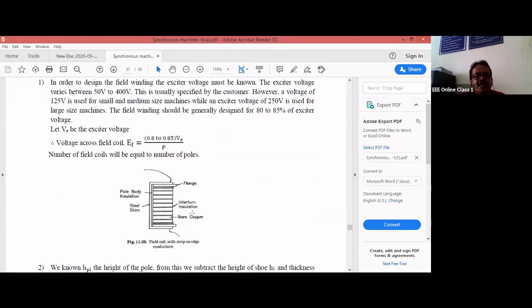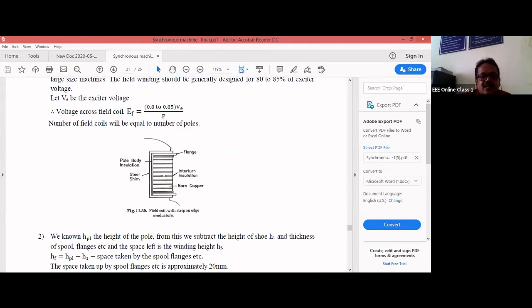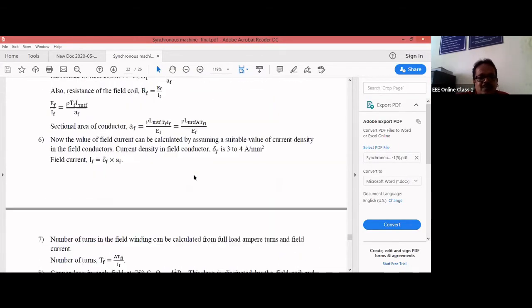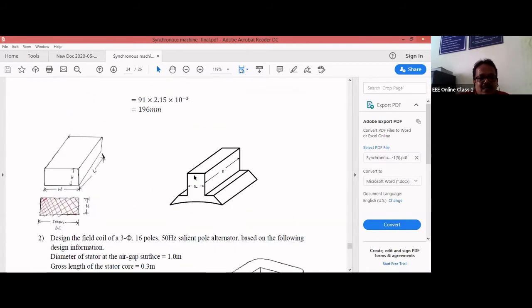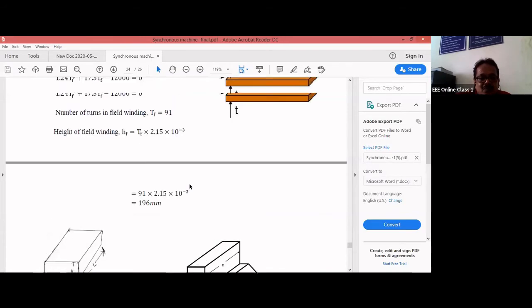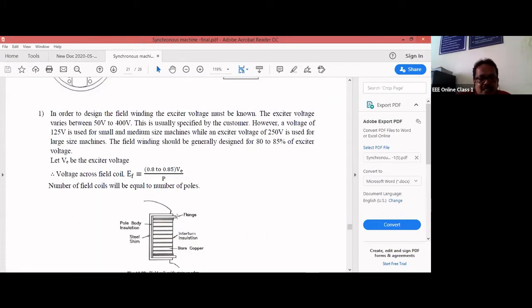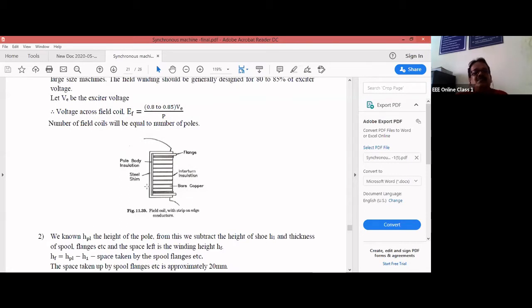You can see here this is nothing but the pole, and along with this, another pole. If you see the pole, it's nothing but laminations. Earlier I told you it will be laminated and bolted together to make a pole. After bolting the laminations, we cannot directly wind the winding.